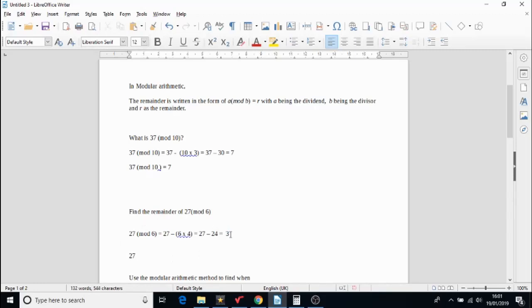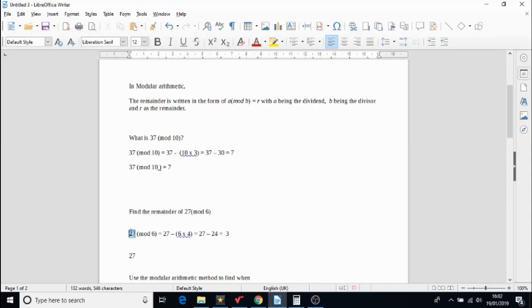Now let's say the remainder was 8. That answer would be wrong, because 6 can go into 8. You'd have to keep going one more time, and then the remainder would be 2. But obviously the question will be written differently.